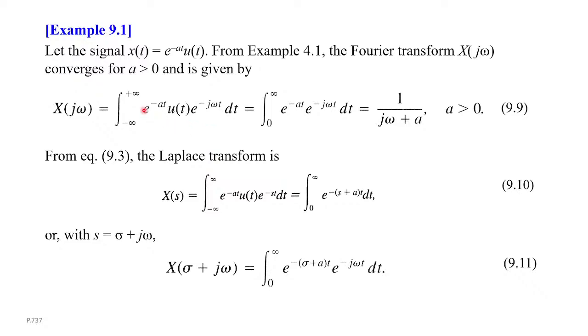So this is kind of our favorite signal of exponential decay. x(t) equal to e to the minus at, cut off at t equals 0 by this u(t).